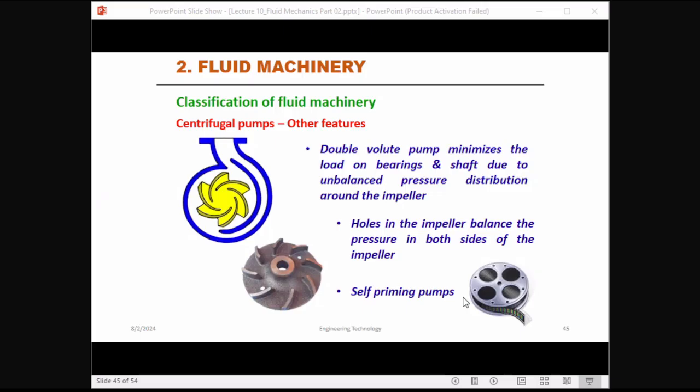As advantages, this mechanism helps to simplify operations of our pump.